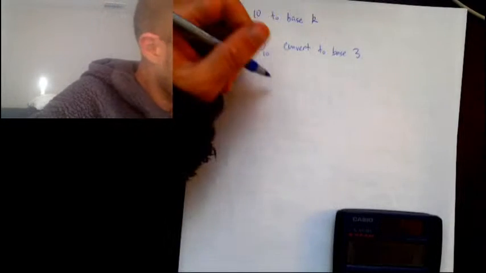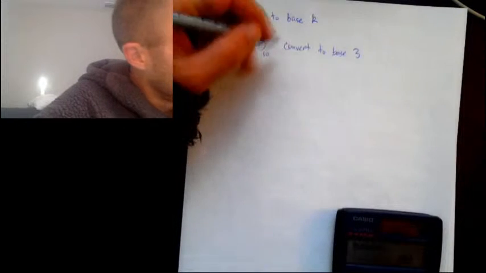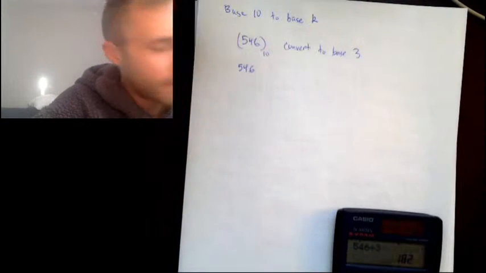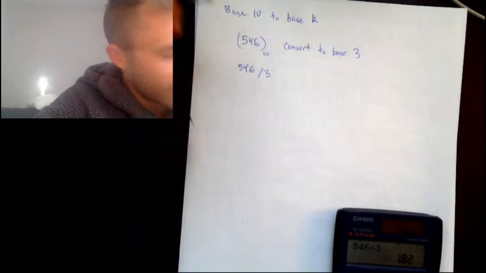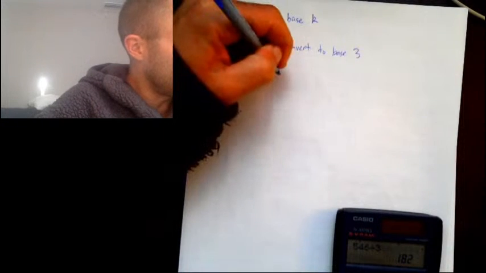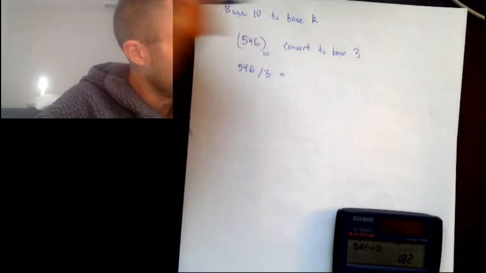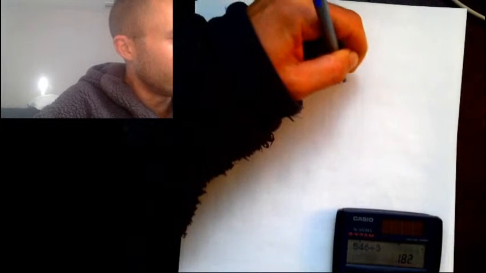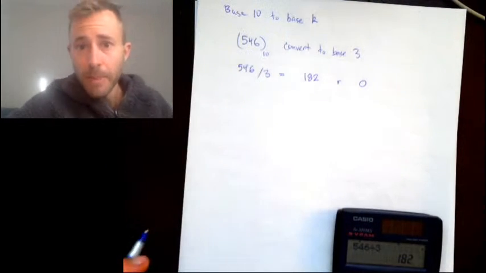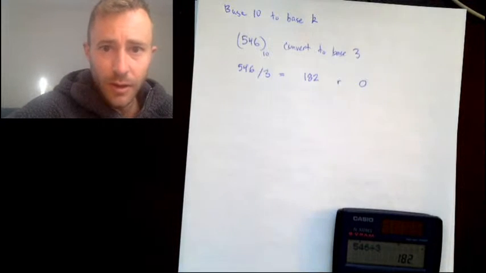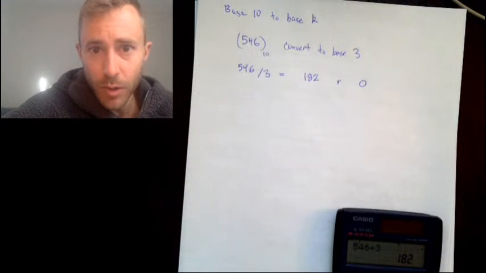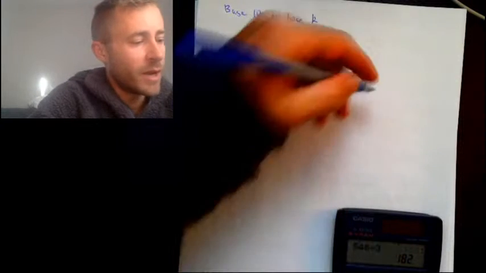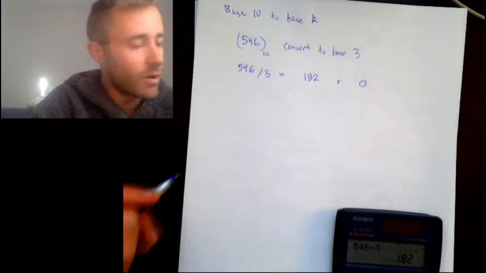I'm going to divide 546 by 3. And what I get is 182, remainder 0. So how could I do this in programming? Well, when you're programming in Java, to get the remainder, you use the modulo operation.